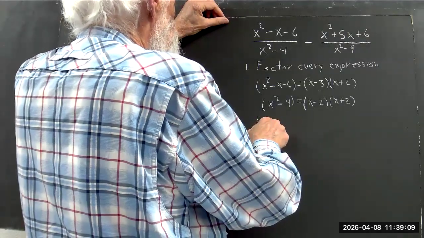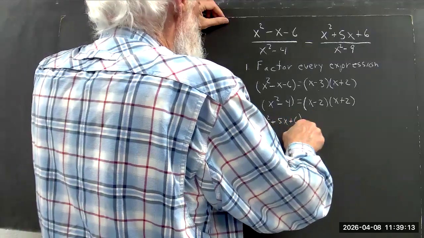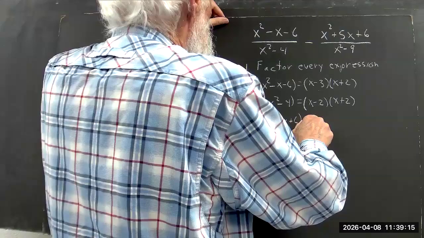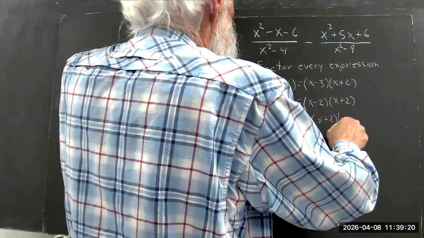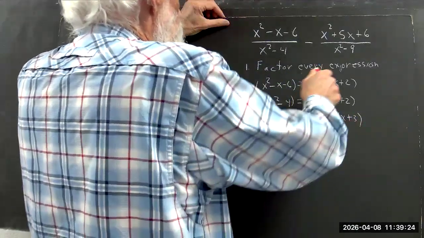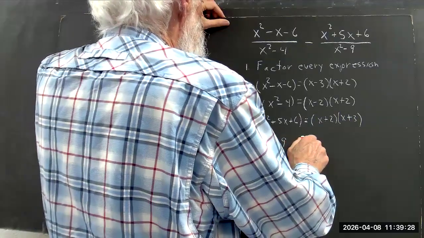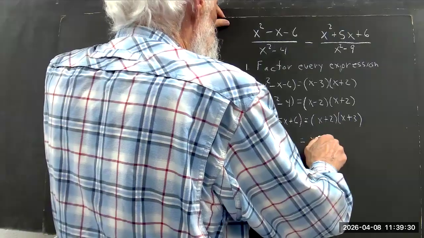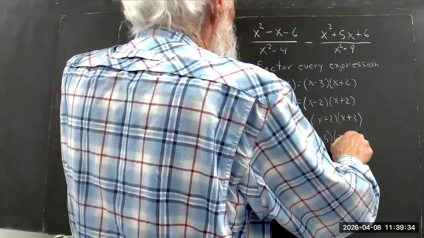Then we have x squared plus 5x plus 6, which equals x plus 2 multiplied by x plus 3. And then x squared minus 9, which equals, again, difference of two squares, x minus 3 multiplied by x plus 3.